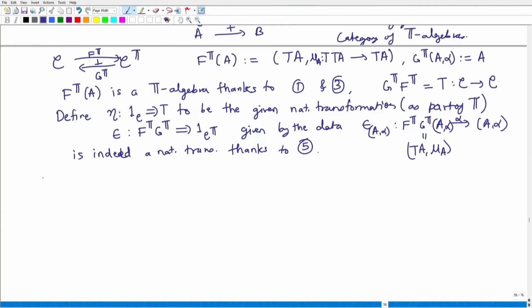How do we verify given this data that it is an adjunction? Triangular identities. Yes, we will verify triangular identities to complete the verification of the adjunction.